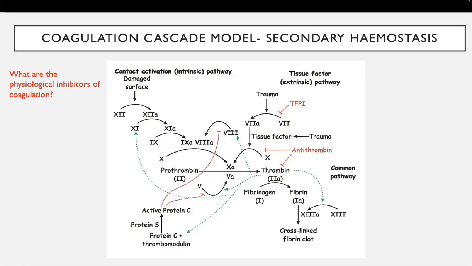Very well done. Now the next question I have for you is unfractionated heparin. What's the mode of action of it and how do we monitor it?